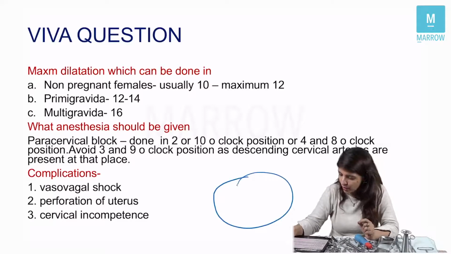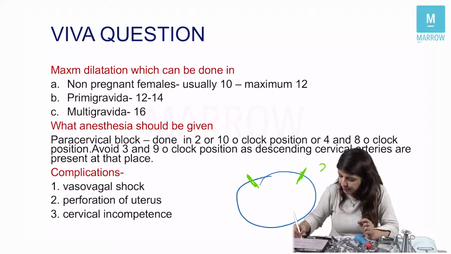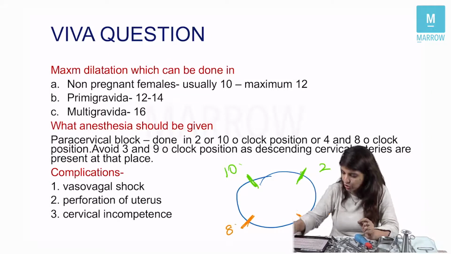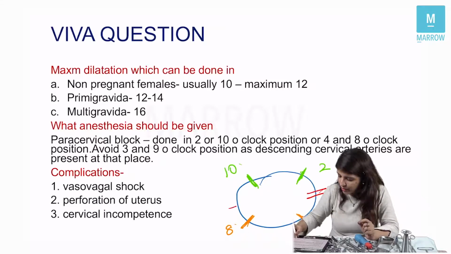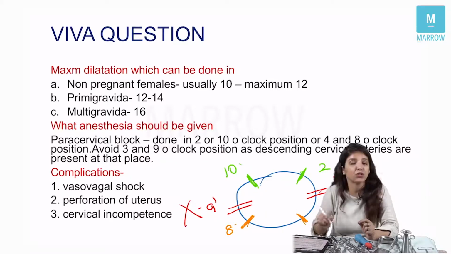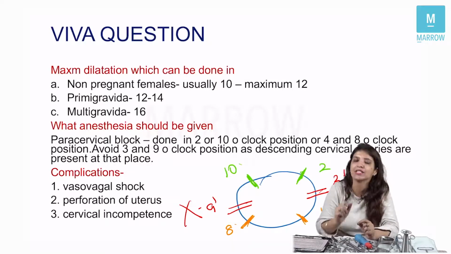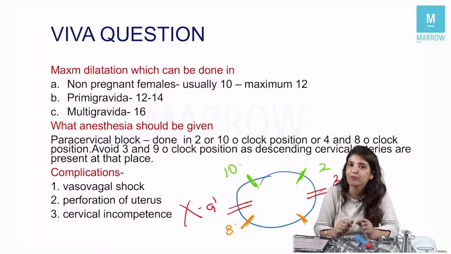You never give paracervical block at 3 o'clock and 9 o'clock position. Why? Because descending cervical arteries are present at 3 o'clock and 9 o'clock position. So never am I going to give a paracervical block at 3 o'clock or 9 o'clock position, right?